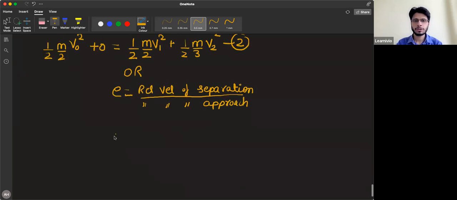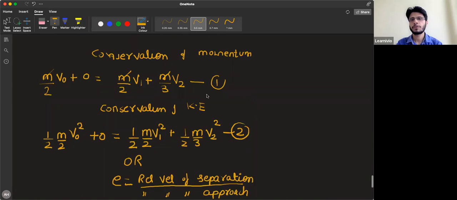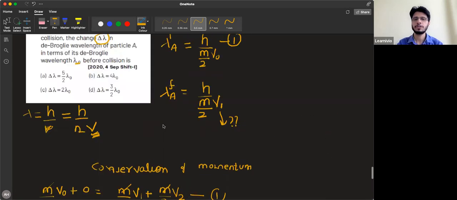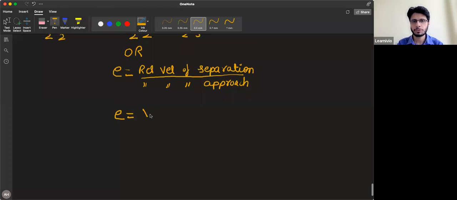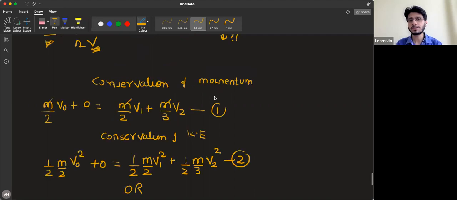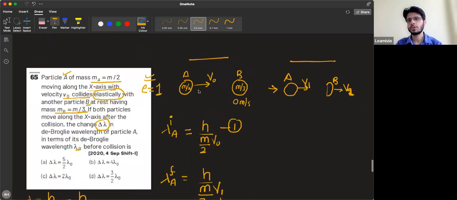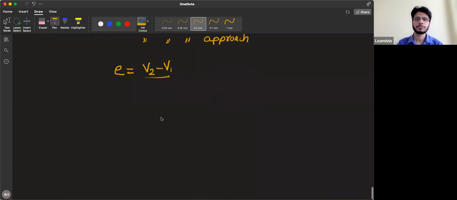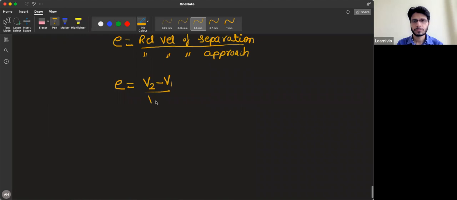The relative velocity of separation is this one. After collision, they get separated, so it's v2 minus v1. The relative velocity of approach is the velocity of A minus the velocity of B, which means v0 minus 0. And if the collision is elastic, that means e is equal to 1.